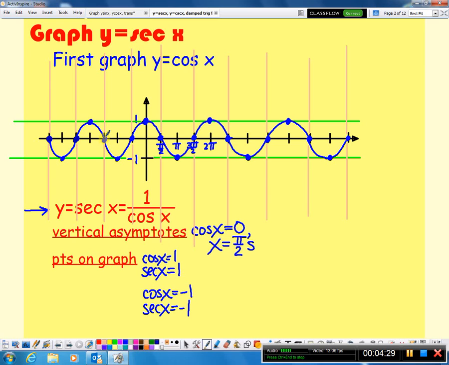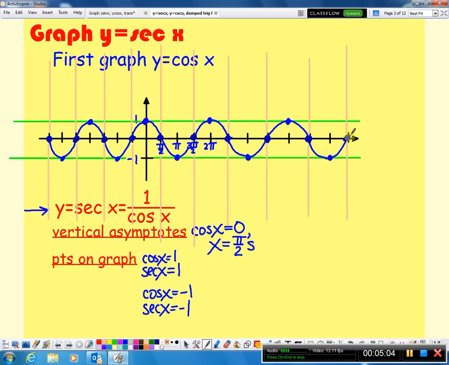And I repeat that pattern throughout. So what I'm suggesting is it's not necessary to name the coordinates of all the vertical asymptotes if you just know that wherever the cosine graph crosses through its axis, the middle points, so to speak, then the secant graph is going to have asymptotes. And we'll say the same thing is true when you're graphing sine and cosecant on the same coordinate plane.